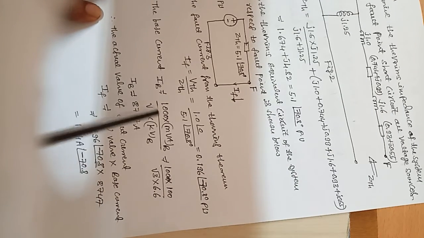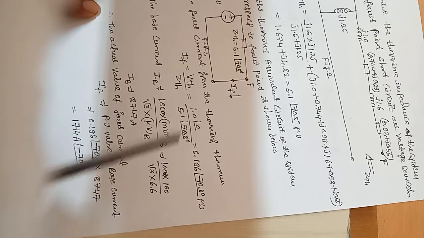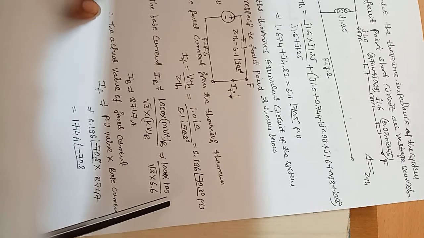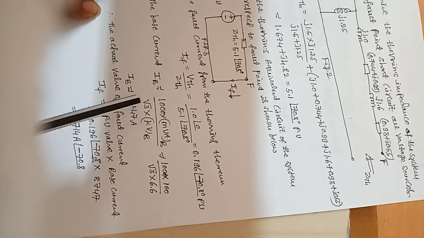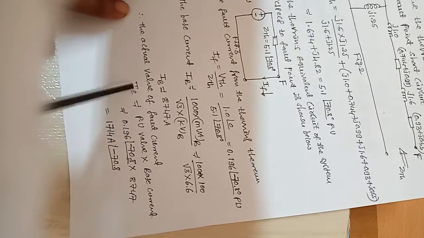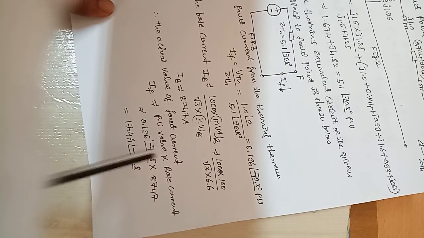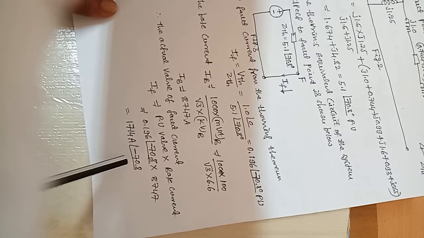Base current formula: 1000 into MVA base divided by root 3 into kV base. The fault is occurring at the cable side, so the new MVA base is 100 and the new kV base of the cable is 6.6. Substitute, you will get this answer. The actual value of fault current equals the per unit value into the base current. So you will get 1714 amps at an angle of minus 70.8 degrees.